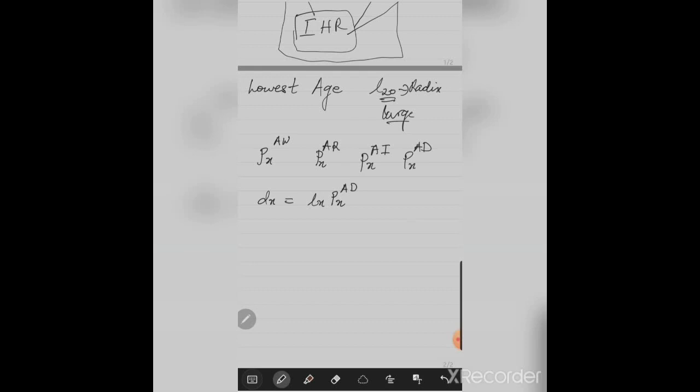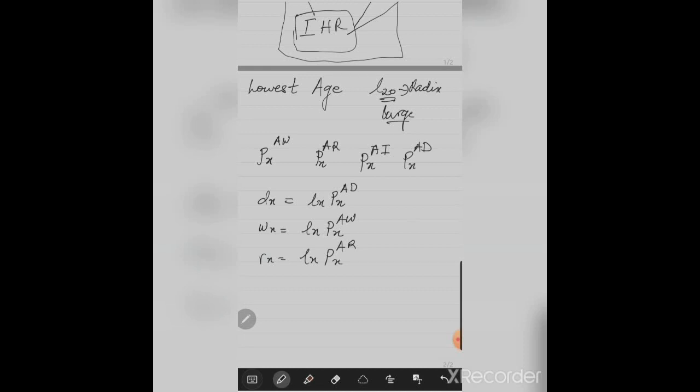I can find out my wx as lx times px^aw, for withdrawal. Similarly, I can find out rx as lx times px^ar.